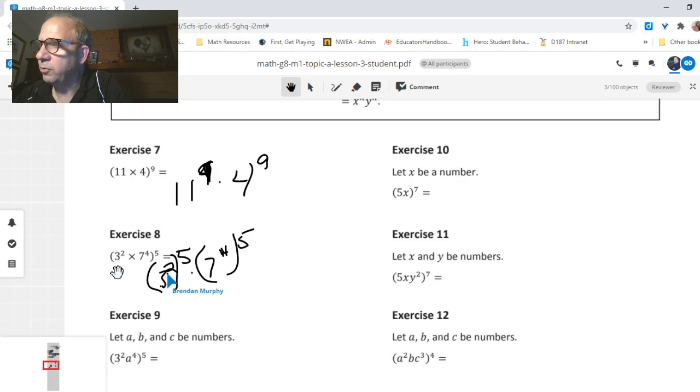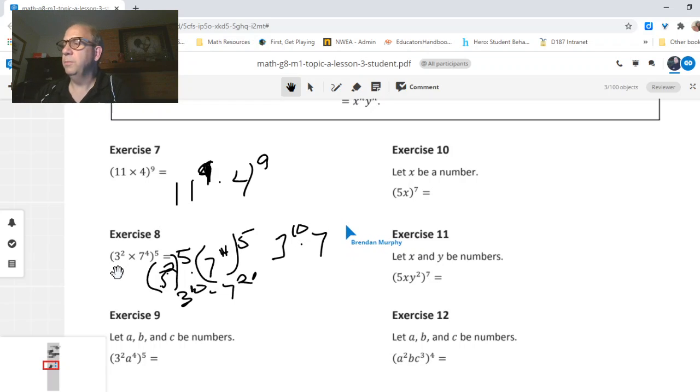So that's 5 groups of 3 squared. So that's 3 to the 10th and 7 to the 4th power raised to the 5th power. So that's 5 groups of 7 to the 4th power. So that would be 5 times 4 is 20. So I have 3 to the 10th power times 7 to the 20th power.